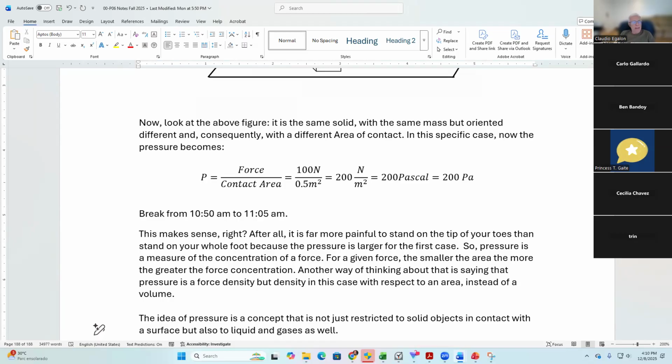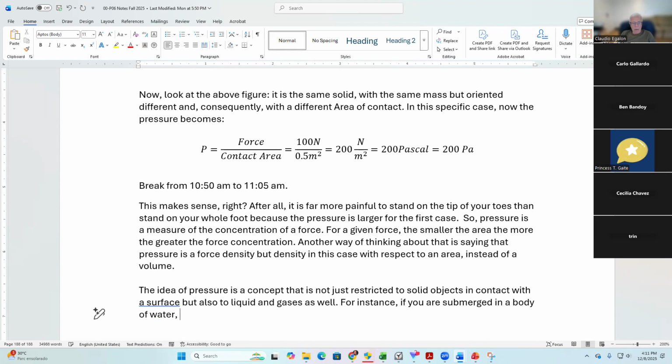And we're going to do an example like that. For instance, okay? If you are submerged in a body of water, okay? We feel a higher pressure than if we were above water.